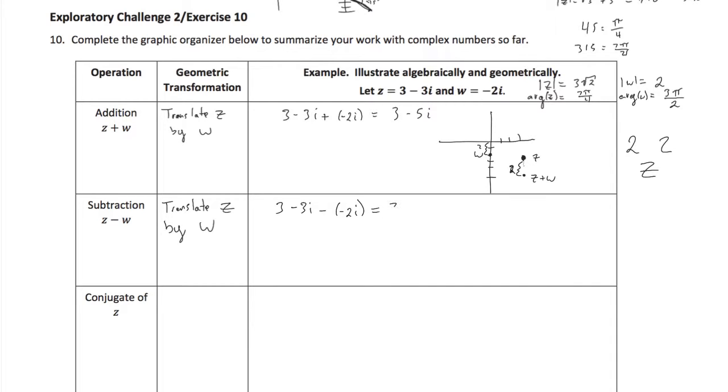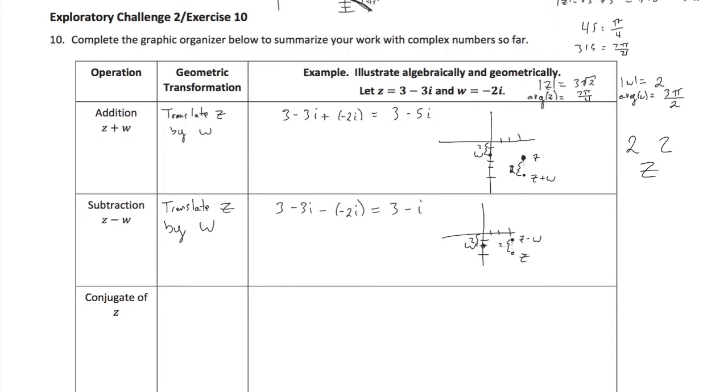That one will give me 3 minus i. So that one will, again, take me 1, 2, 3, 1, 2, 3, right there. That will be z. This will be w. And again, that's just a distance of 2. So I'm just going to move up 2. And then this one will be z minus w.